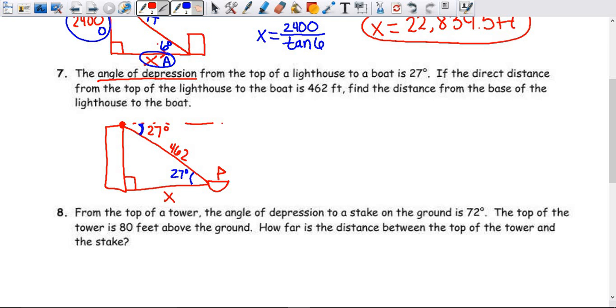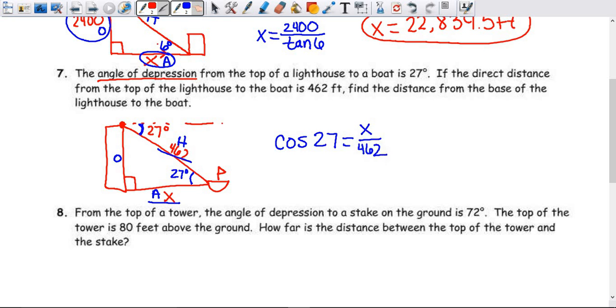Going across, or opposite of that 27 degrees, finding my hypotenuse across from my right angle, and then my adjacent. So I'm using the adjacent side and the hypotenuse, A and H, which tells me to use cosine of my angle equals adjacent over hypotenuse.